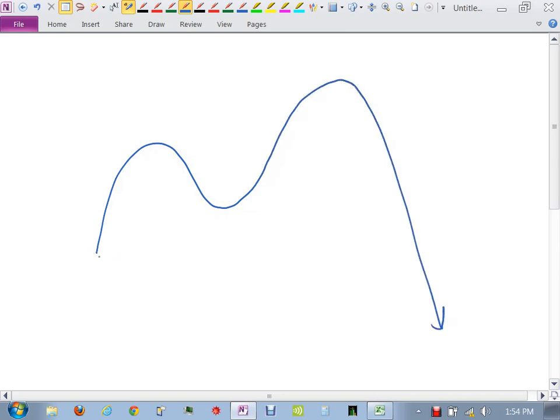But the basic idea here in this section is that if you have a function, let's say that does something like that, there are some very important points on this function that I will now plot as red dots.